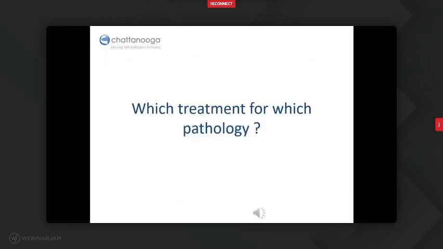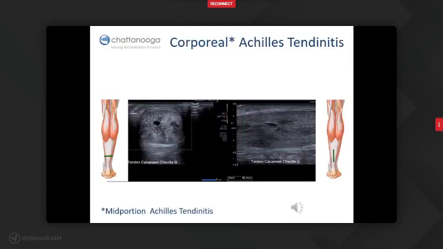So we can ask ourselves which treatment for which pathology. For Achilles corporal tendinitis, you can see here the US sonography pictures with an axial slide on the left and a longitudinal slide on the right, and a small tear inside a big tendon.